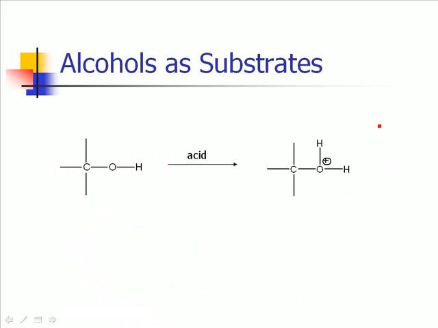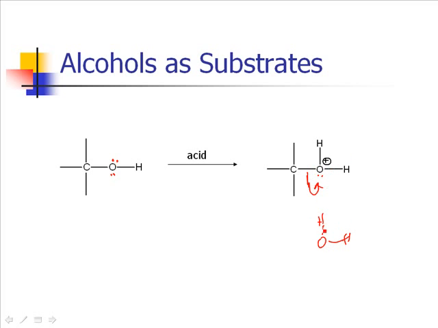A second approach to making an alcohol into a good leaving group would be to put a proton onto the oxygen atom. Once the oxygen atom receives a proton, we now have a much better leaving group, because when this carbon-oxygen bond is broken, we would make a water molecule.